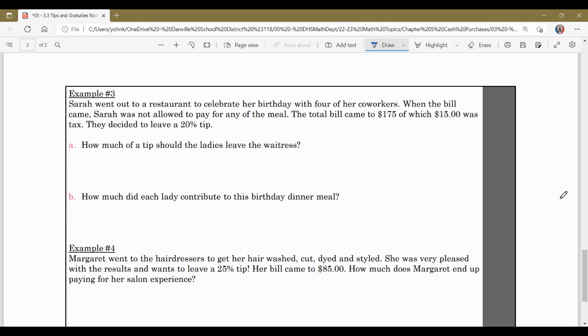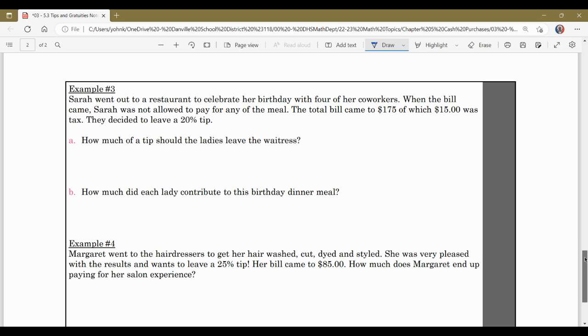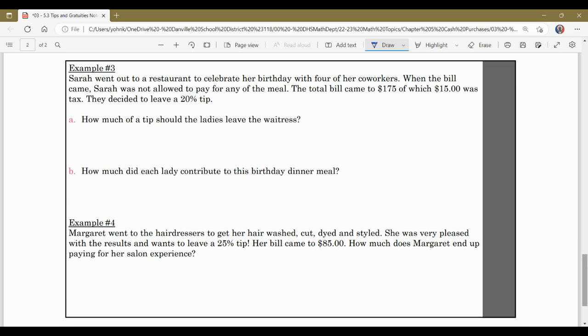Number 3, Sarah went out to a restaurant to celebrate her birthday with 4 of her coworkers. When the bill came, Sarah was not allowed to pay for any of the meal. The total bill came to $175, of which $15 was tax. They decided to leave a 20% tip. How much of a tip should the ladies leave the waitress?